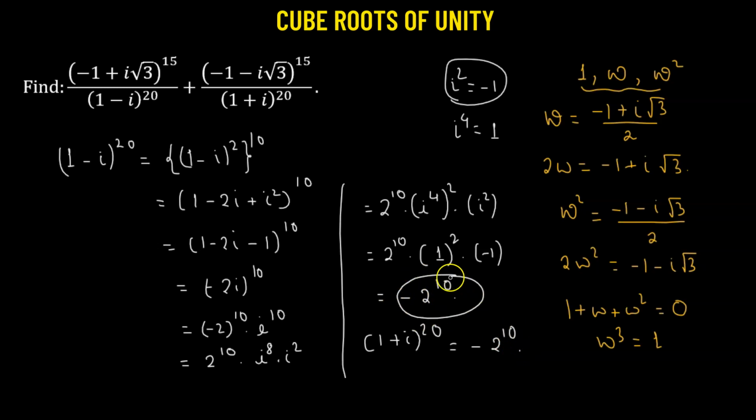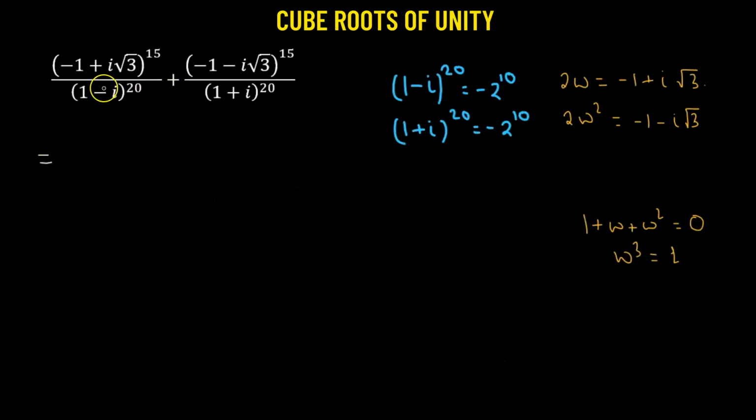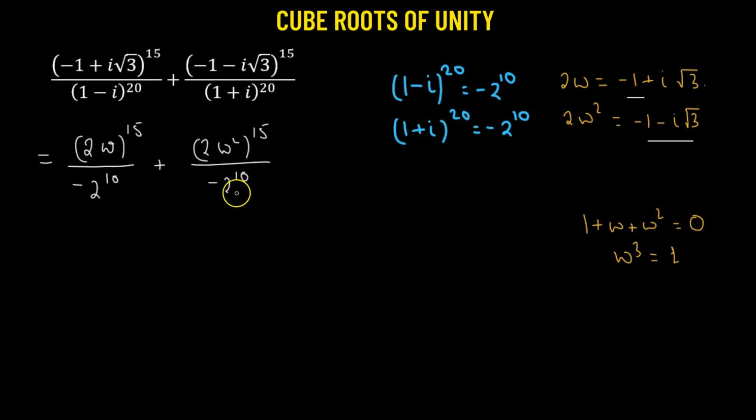So we will use this value instead of the denominators, 1 minus i raised to the power of 20 and 1 plus i raised to the power of 20. So let's use this. In place of -1 plus i times square root of 3, we'll replace it with 2 omega. So we have 2 omega raised to the power of 15 divided by -2 raised to the power of 10, plus we have -1 minus i times square root of 3, which will be replaced with 2 omega squared, whole raised to the power of 15 divided by -2 raised to the power of 10.